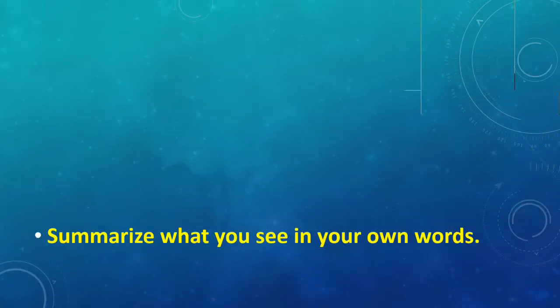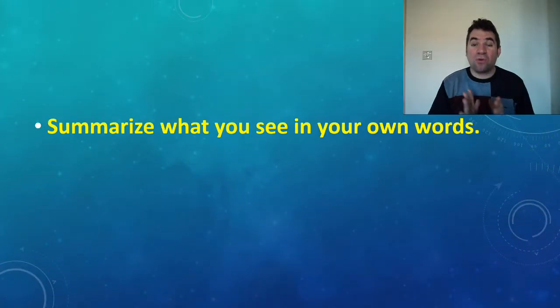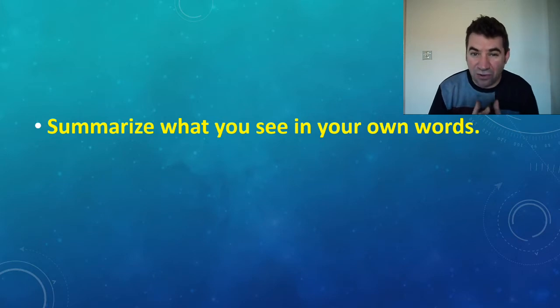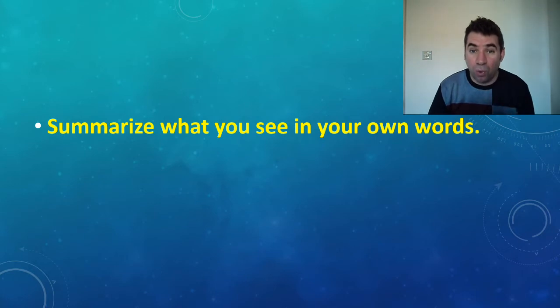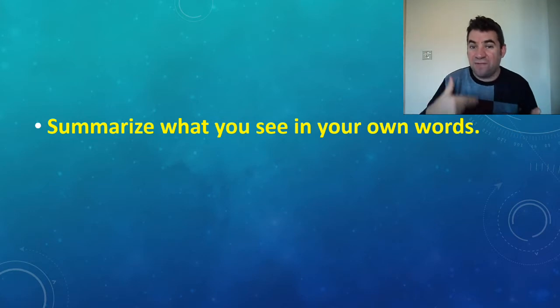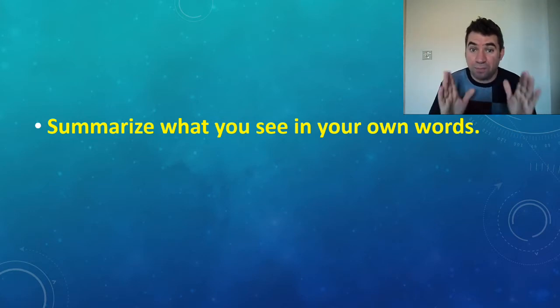Alright, so first of all, summarize what you see in your own words. So for the first paragraph of your report, they actually tell you what you see in the diagram, and a lot of students rely fairly heavily on this prompt.